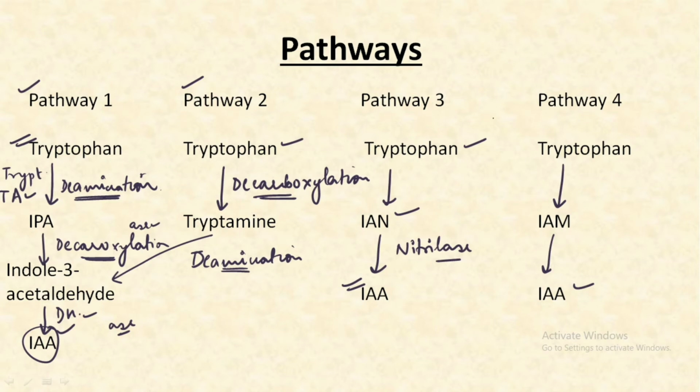The last point to remember is that when tryptophan gets converted into IAM, there occurs the usage of the enzyme monooxygenase. So these are the four pathways which are very important and also very easy if we go through them nicely once or twice. So make sure you remember them.